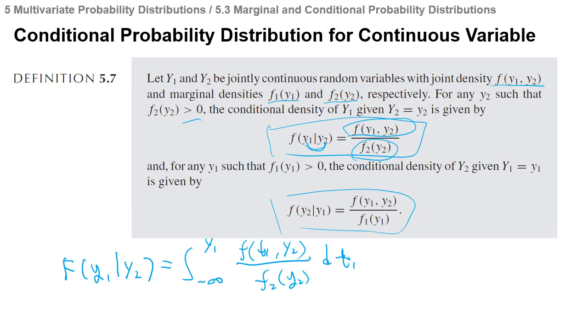And if you differentiate this, you can derive this one. You differentiate each part with respect to y1.